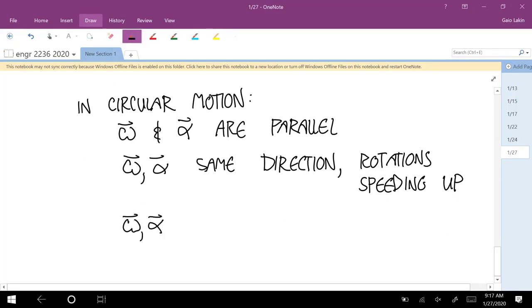And if they're in opposite directions, the rotations are slowing down.